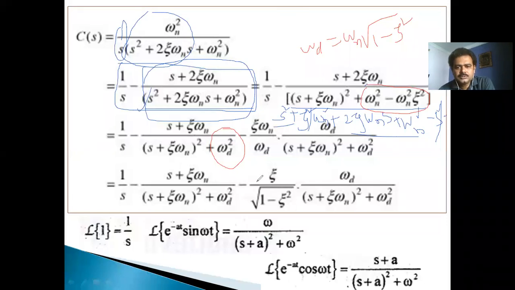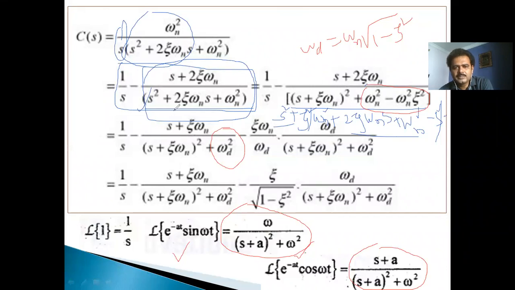So now the numerator can also be expressed in the same fashion, because we have the inverse Laplace of (s + a)/((s + a)² + ωn²) is e to the power of minus at into cos ωt. Similarly, the inverse Laplace of ω/((s + a)² + ω²) is e to the power of minus at into sin ωt.